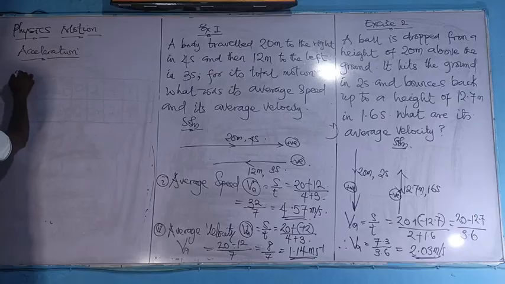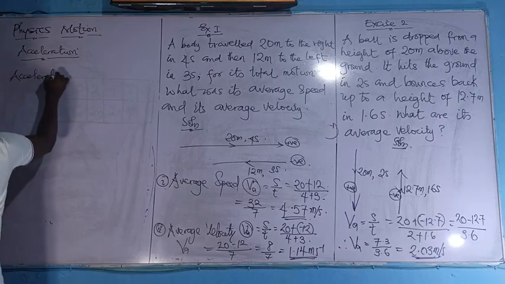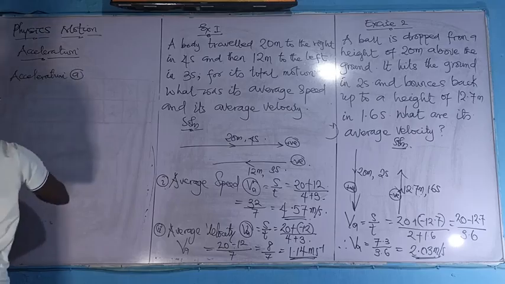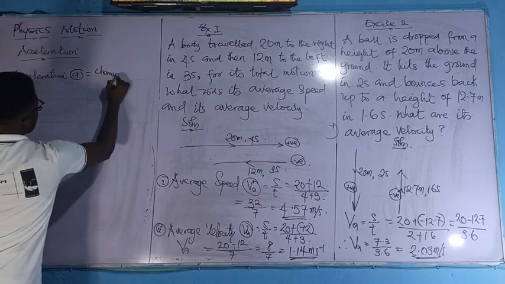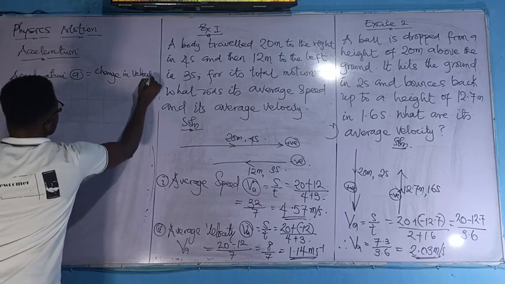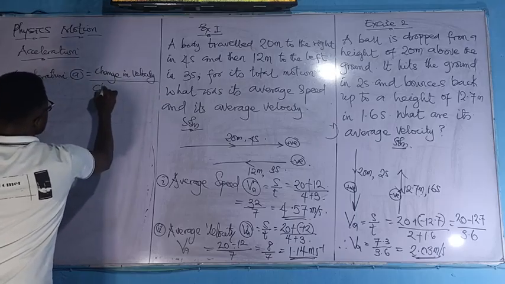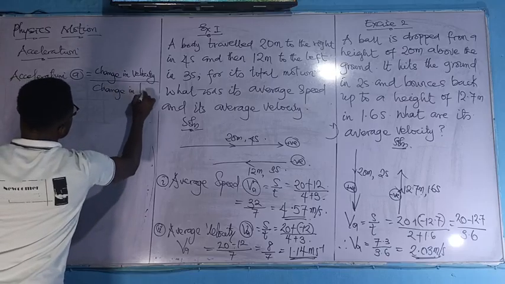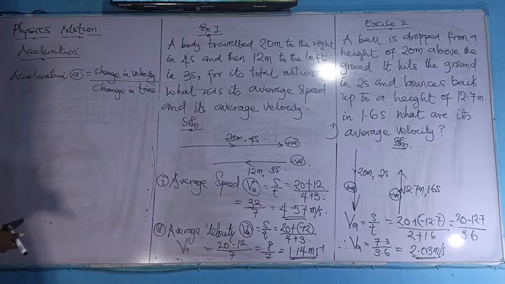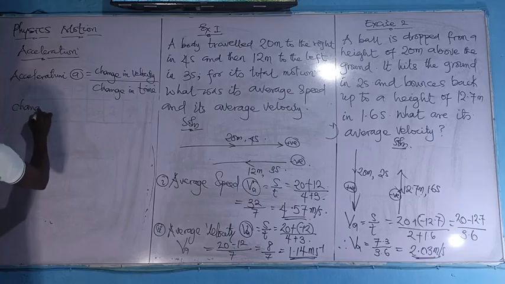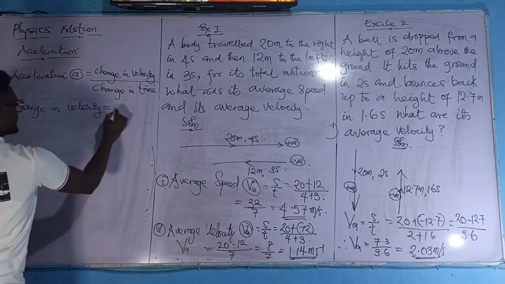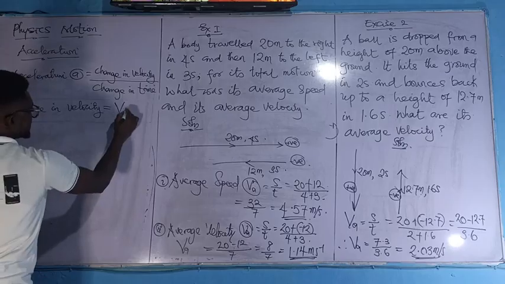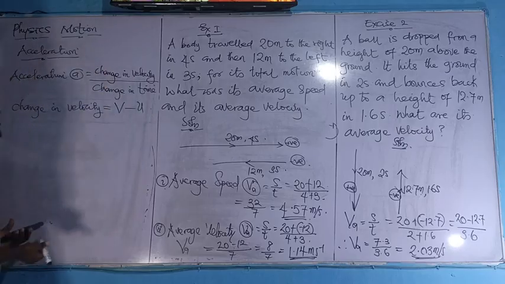So acceleration mathematically, with symbol A, is the change in velocity all over change in time. Where the change in velocity will be final velocity minus initial velocity.